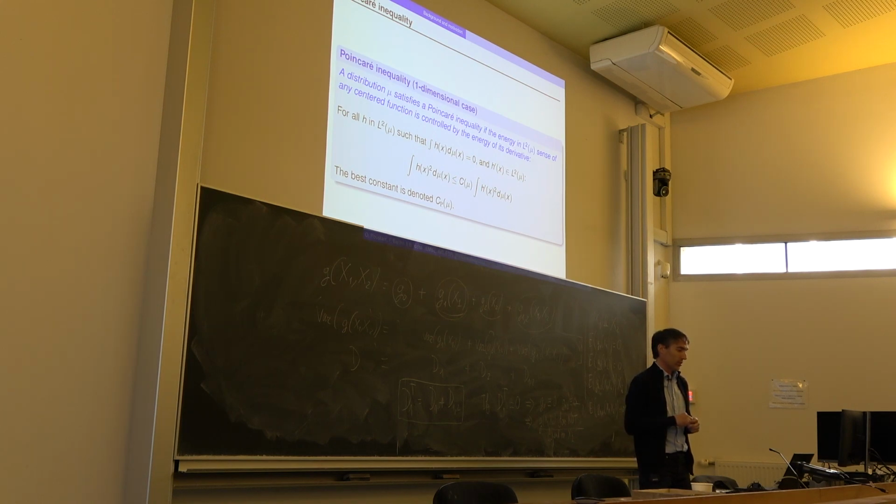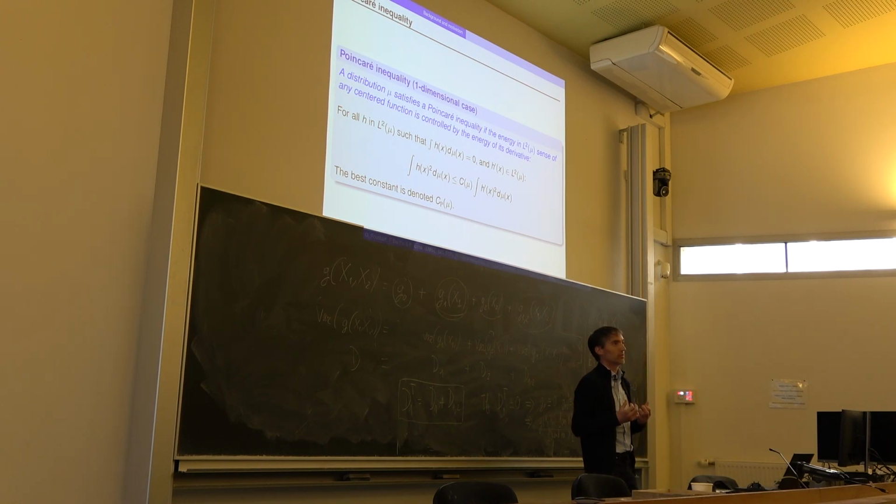So the definition is the following. You say that a probability distribution mu satisfies the Poincaré inequality if the energy of the function measured with the L2 norm is controlled by the energy of its derivative.